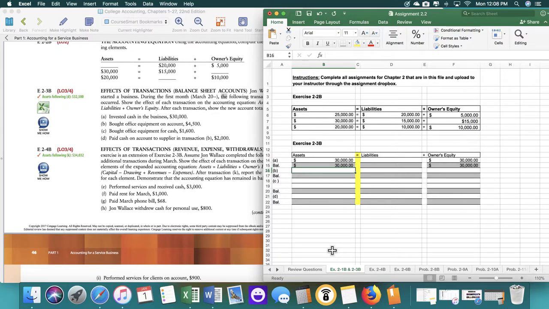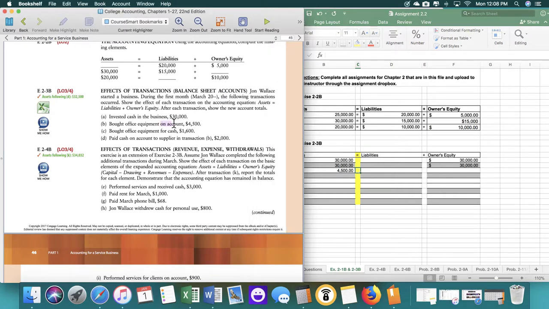Now we bought office equipment. Office equipment is an asset, so we're going to increase our assets by $4,500. Since the transaction says on account, we're going to automatically know, since we purchased it and we put it on account, it's a liability.